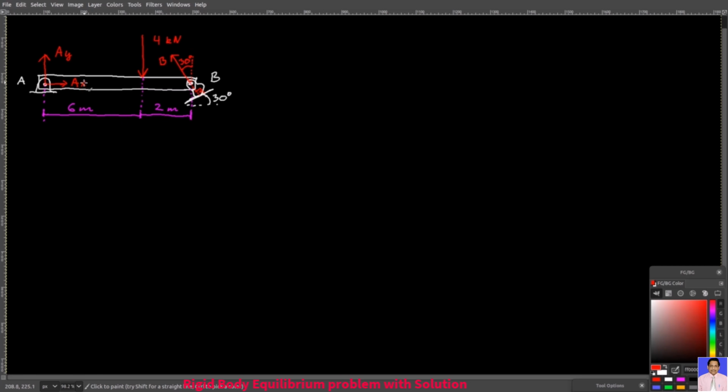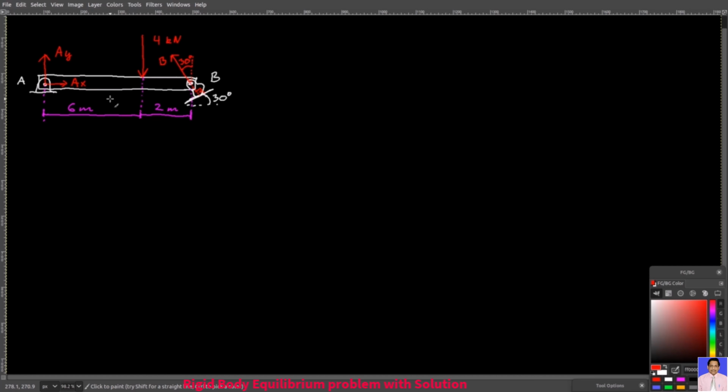But these forces, Ax, Ay, and B, they prevent the beam from doing that. These forces are called reaction forces. They react. Since we assume no force of gravity for the beam, if you don't have this 4 kilonewton force, then there are no reaction forces.